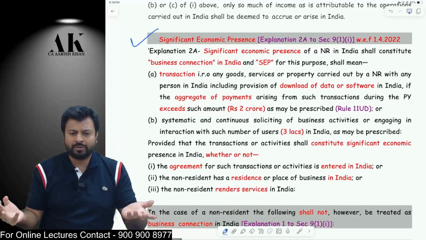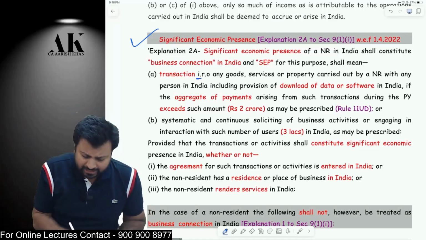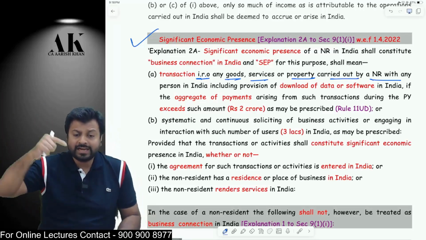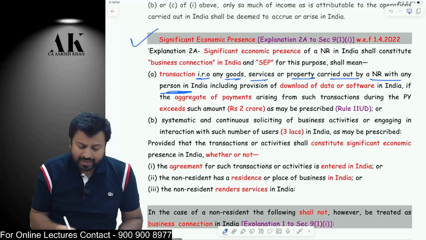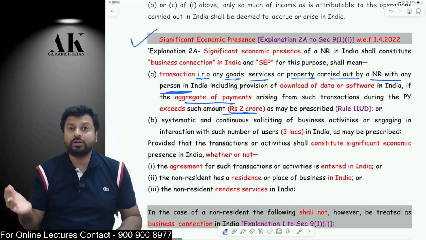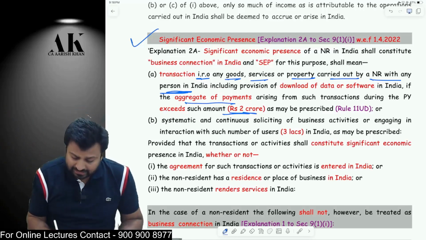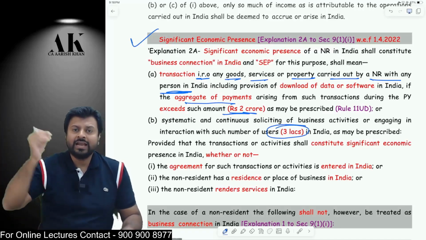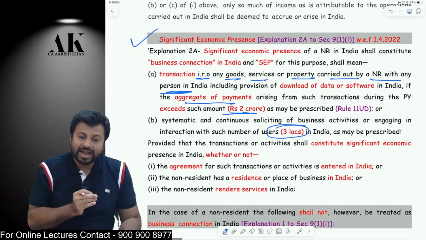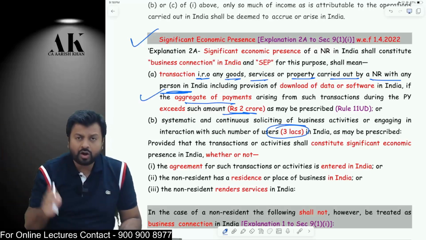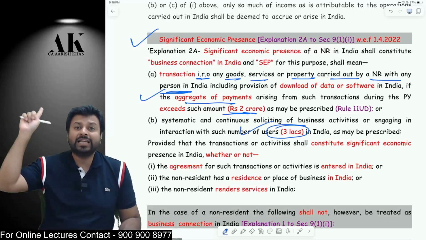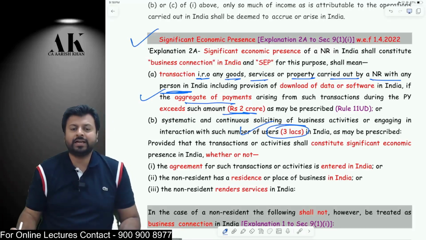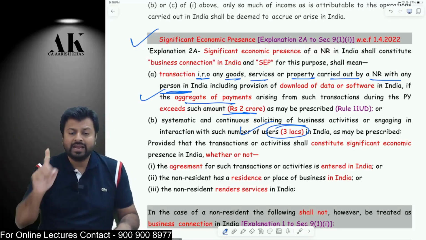If a non-resident is entering into a transaction of any goods, service or property with any person in India and the aggregate payment made is more than 2 crore rupees, or if that non-resident has at least 3 lakh users in India, then that non-resident has business connection in India. That non-resident has significant economic presence in India and will be liable to be taxed in India. I hope it is clear to all of you.